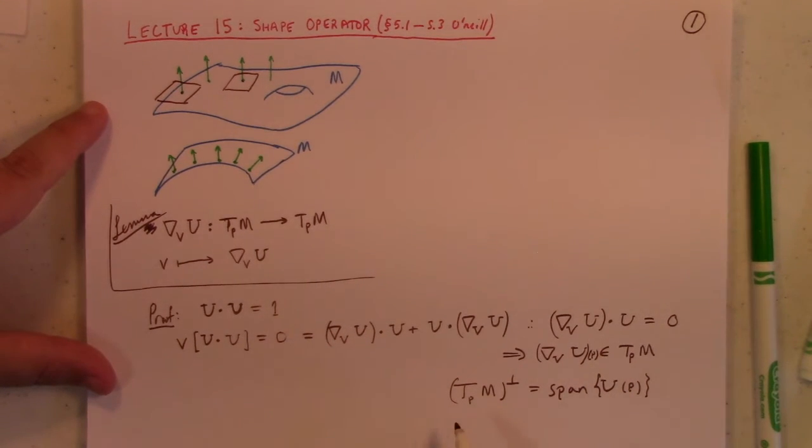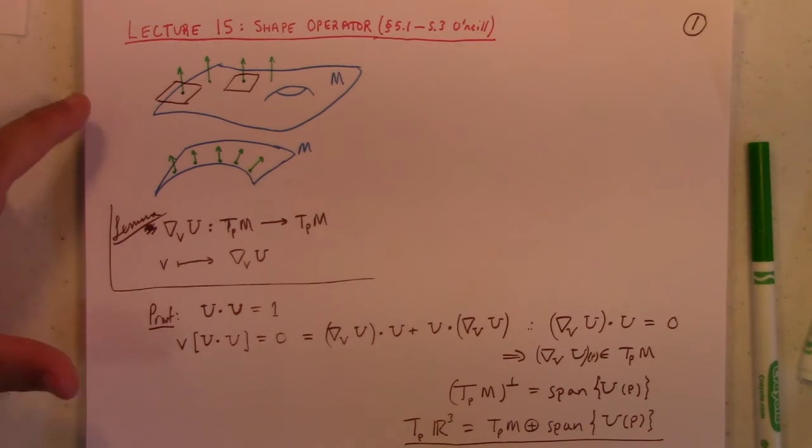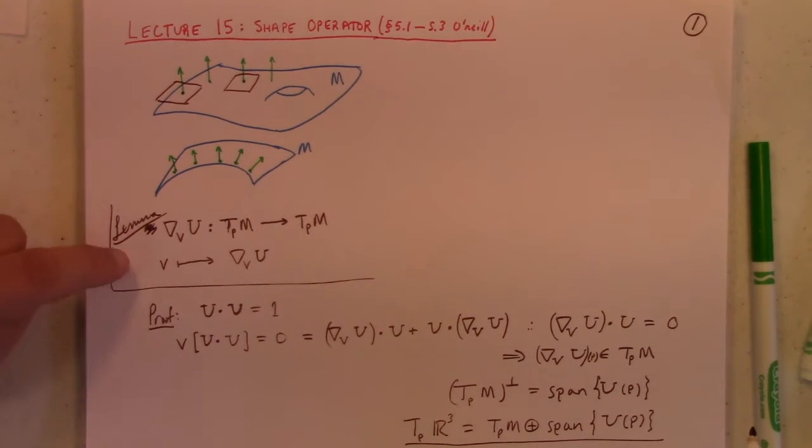Or if you want me to be pedantic about it, we could say the tangent space to R3 at P is the direct sum of the tangent space to M at P and the span of the unit vector. Or, in more geometric terms, it's the direct sum decomposition of the tangent space and the normal line. And as you can see, this is in fact perpendicular.